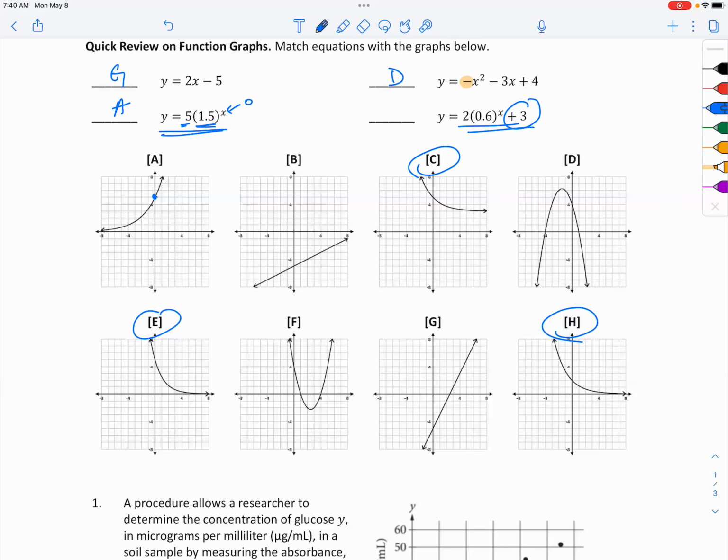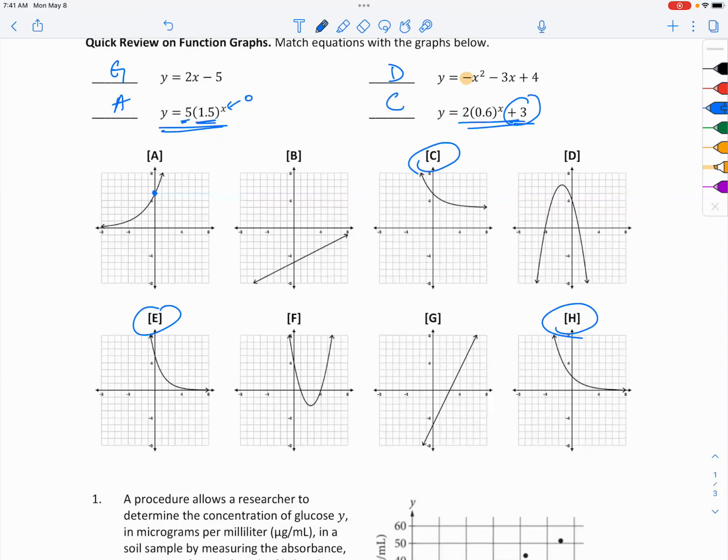It does not go near the x-axis, because 2 times 0.6 to the x power must be greater than 0. So you have a plus 3 right there, which means everything must be 3 or above. So that means C must be the obvious choice.